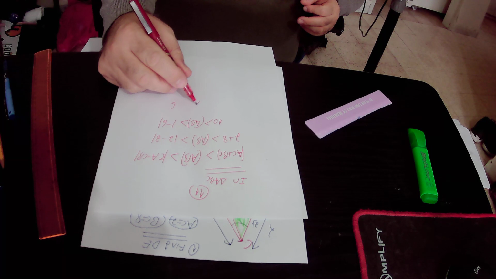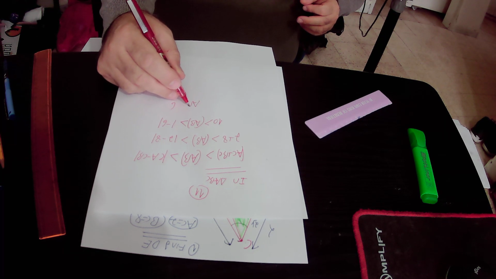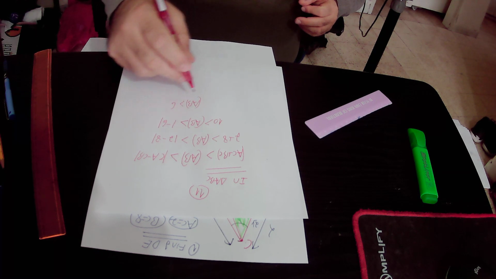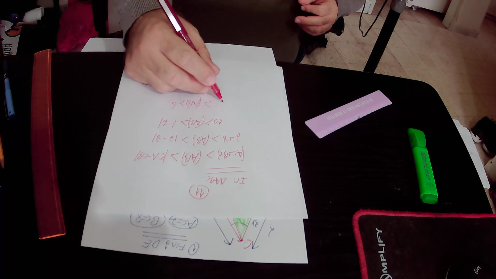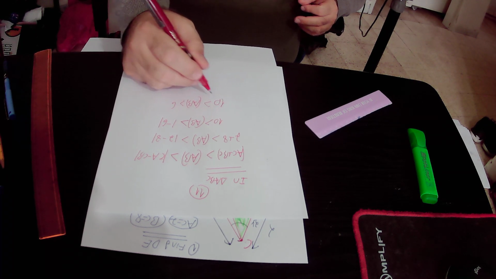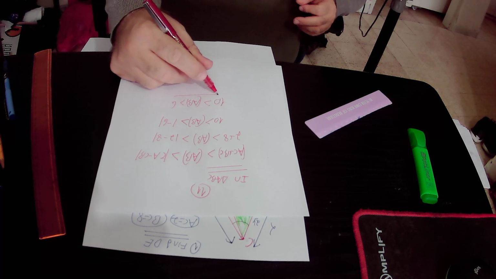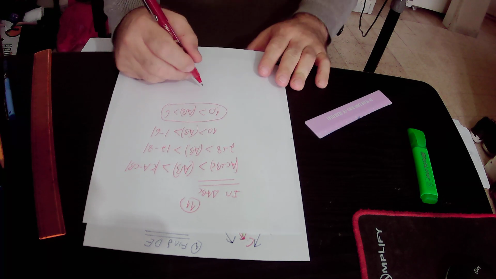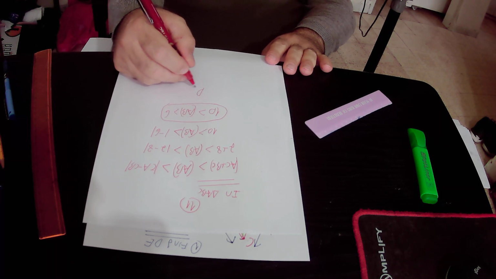So AB is bigger than 6 and smaller than 10. We got this inequality, but we have already found out that DE equals 2/3 AB.